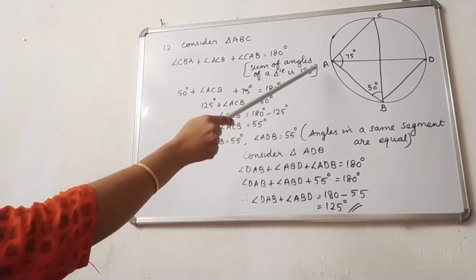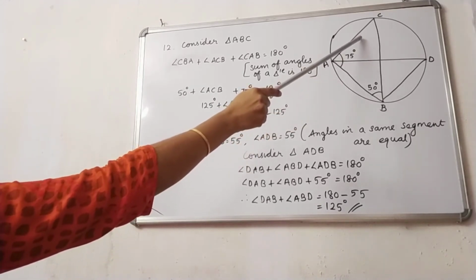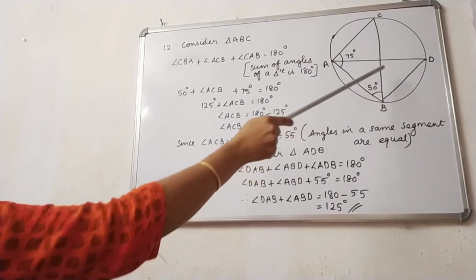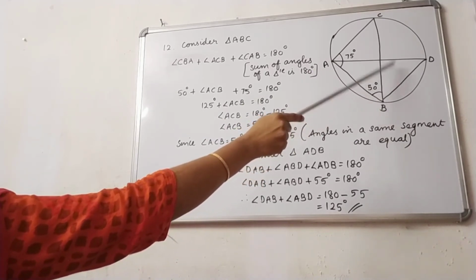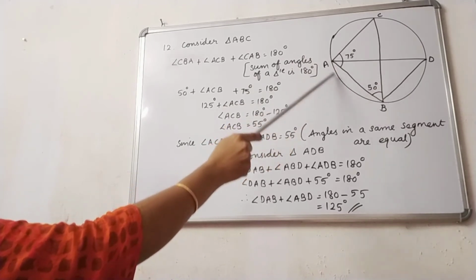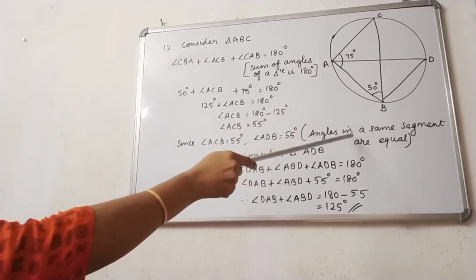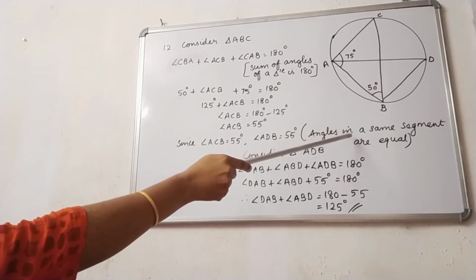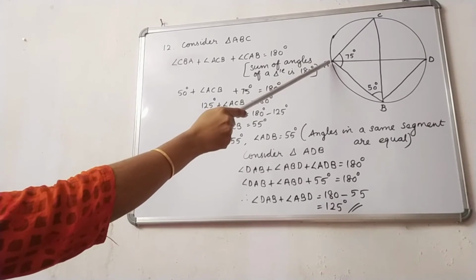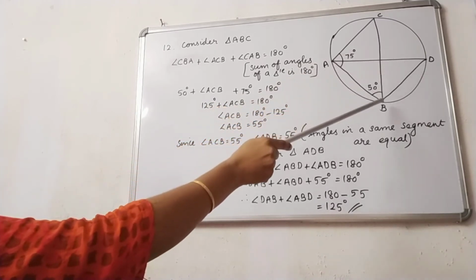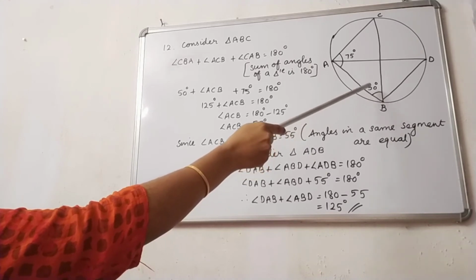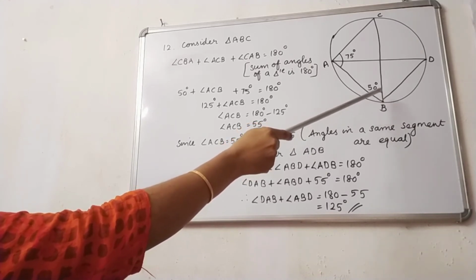Since angle ACB is equal to 55 degree, angle ADB also will be 55, since angle ACB and ADB lie on the same segment. So angles in the same segment are equal. Then consider triangle ABD. Here also sum of angles of a triangle is equal to 180 degree.